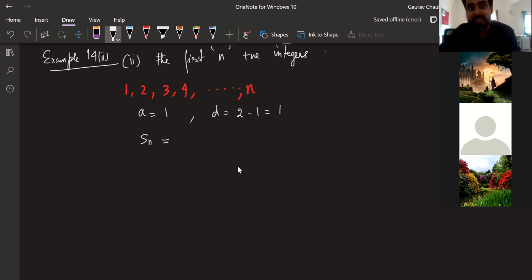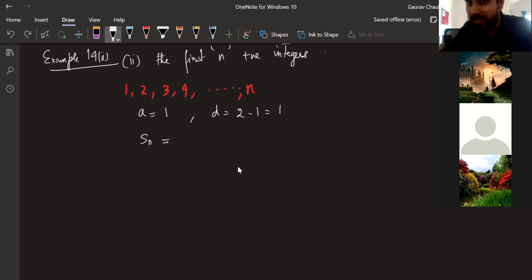Sum of first n positive integers is how much? When it's saying first, we know we have to start from 1. First positive integer is 1. So start from 1, and then go ahead. This is fixed. n can be anything, but we have to find a formula in which we can just put n and find the sum. That's what the result is.